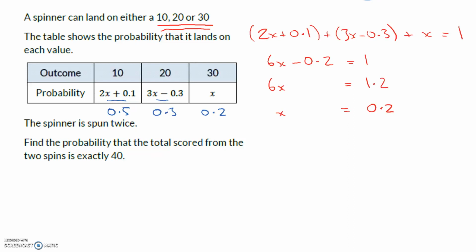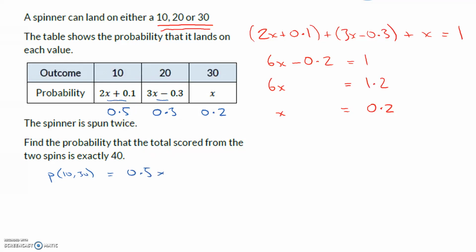Right, what's the question? Find the probability that the total scored from the two spins is exactly 40. Well, how could we get a 40? We could get a 10 and a 30 for a start. So what's the probability of getting a 10 and then a 30? Well, we have to get a 10, which is 0.5, and then a 30.